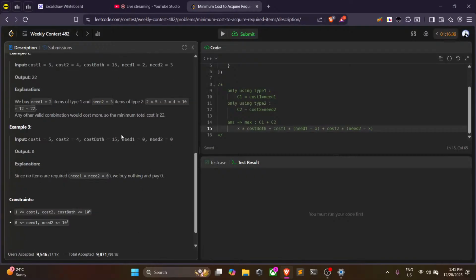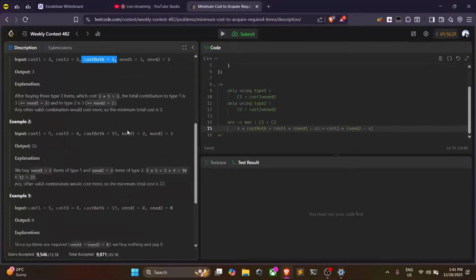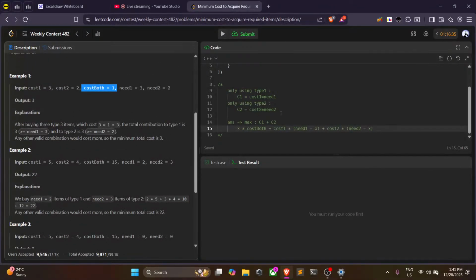Okay. So basically, let's think at a point of view, like the cost of 4, cost 5 and 4 and 15th.